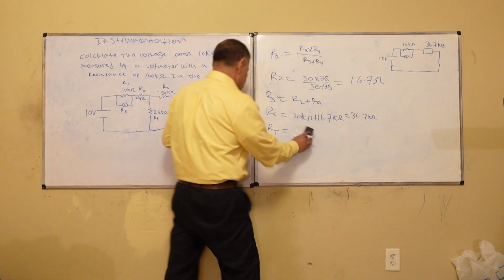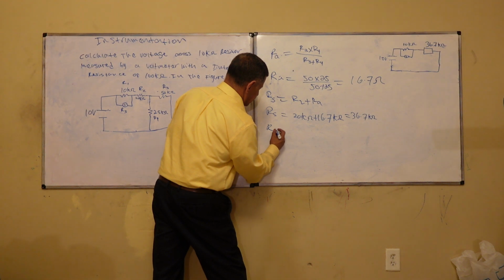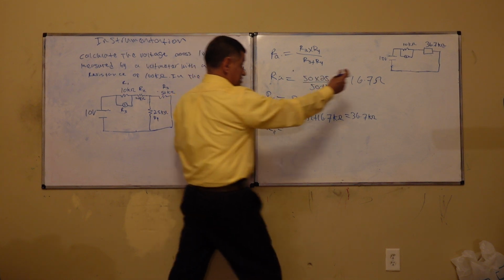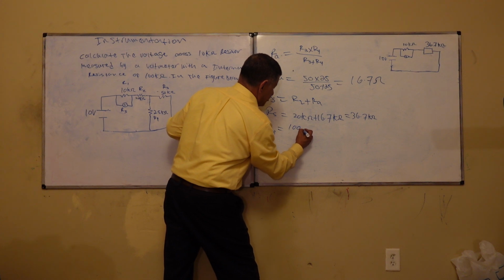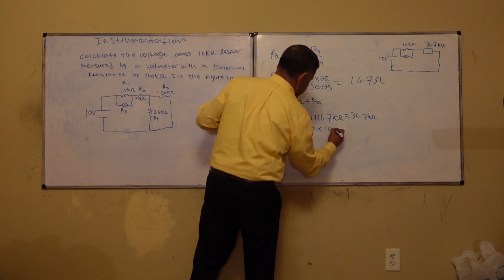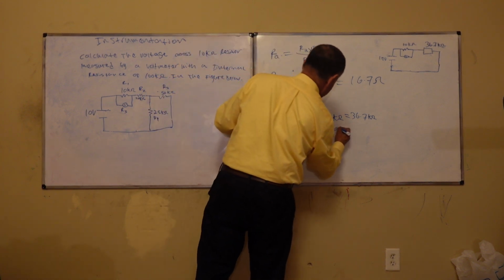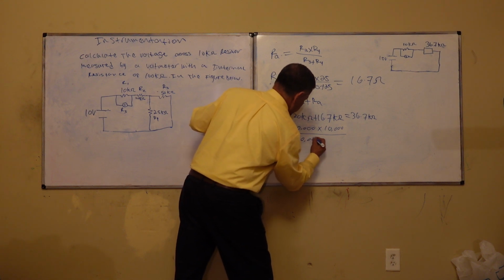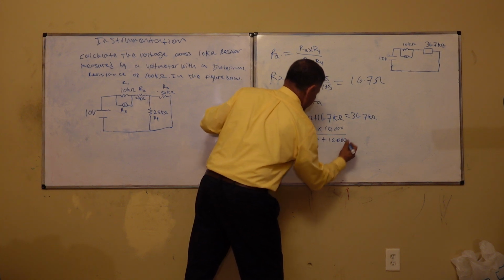So in this case, R parallel with this one is going to be 100K times 10K over 100K plus 10K, right?